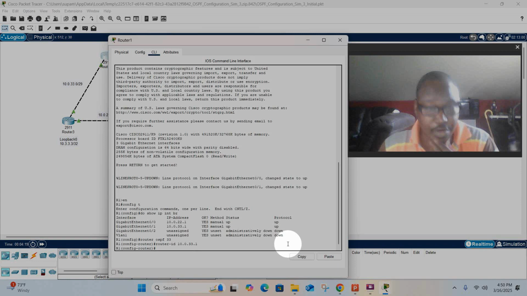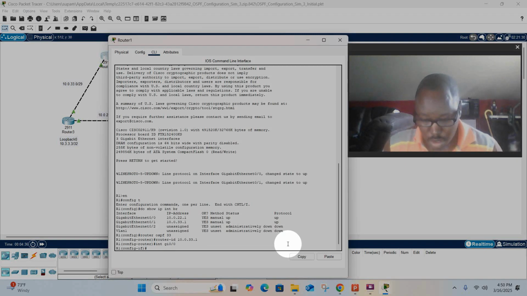Okay, so now that we've turned on OSPF on our router, we're going to get into the first interface. So interface Gi0/0. IP OSPF 33 area 0 as per the instructions.